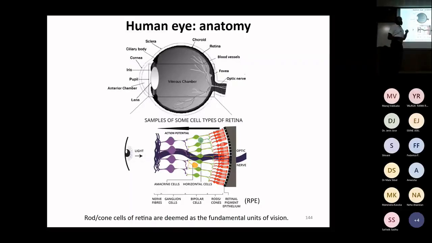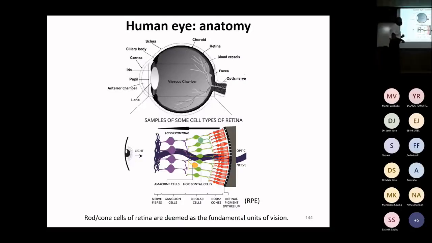Here it is approximately 400 microns thick. These are the kind of cells that are present: multiple layers of cells, amacrine cells, horizontal cells, and at the distal-most part of the retina are the rods and cones.